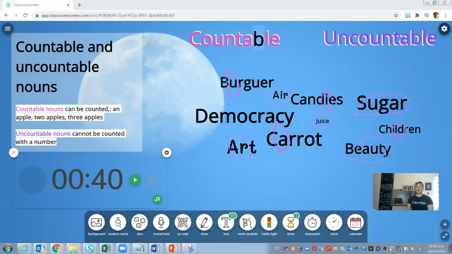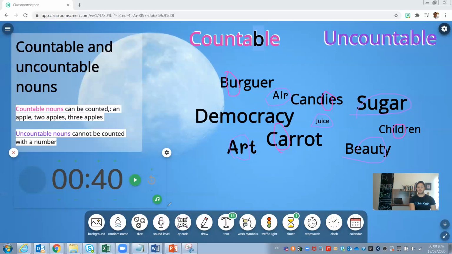We say a piece of art, two pieces of art, so it's uncountable. Carrot, on the other hand, we can say one carrot or two carrots. Beauty, it's not measurable as one or two or three beauty. We say little beauty or much beauty. Great. So far we're doing everything good.